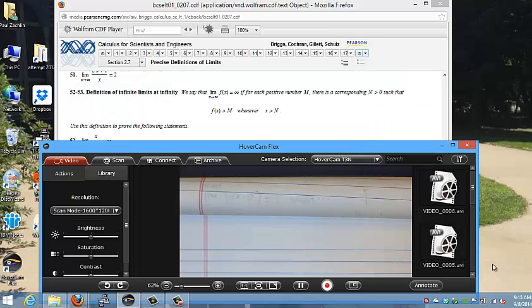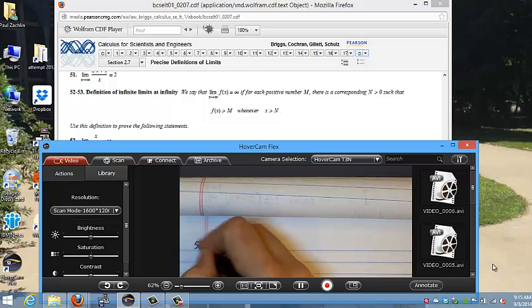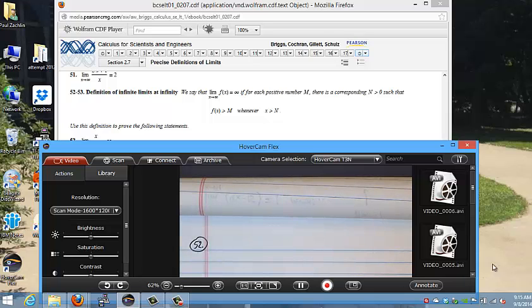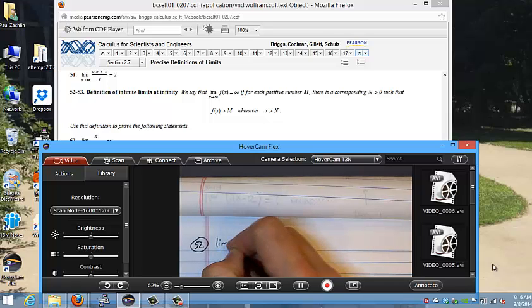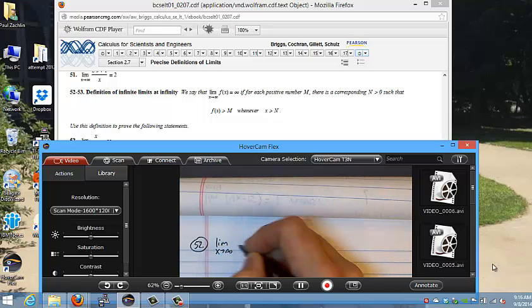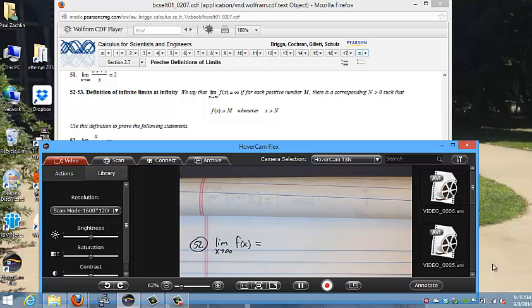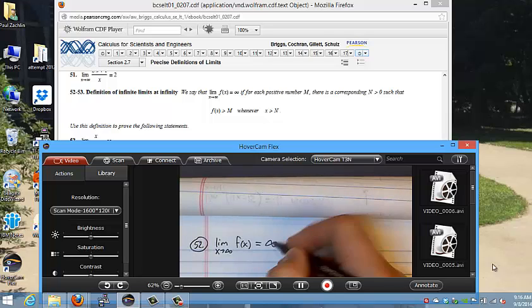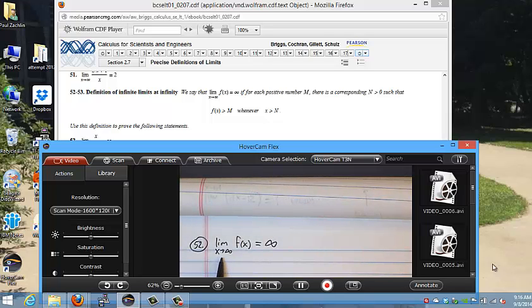So, let's see if we can follow, well, for example, problem 52. And now, they give me a different definition. The only difference, I guess, is that they're saying the limit as x goes to infinity of f of x equals L. Sorry.